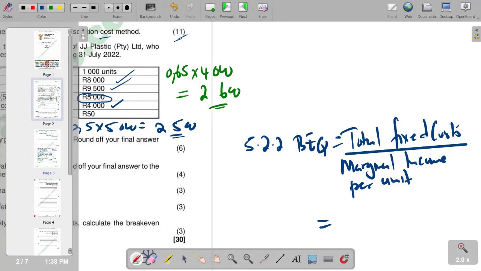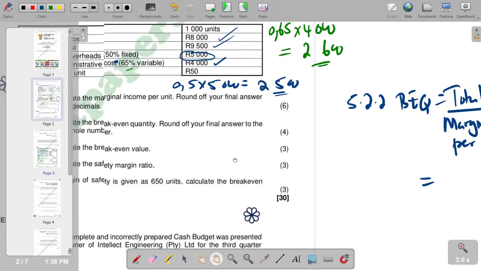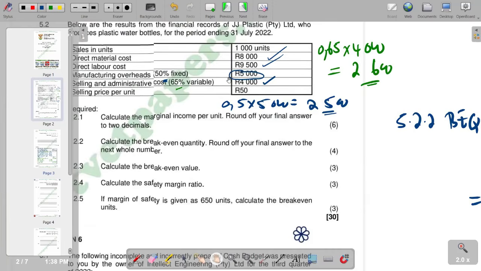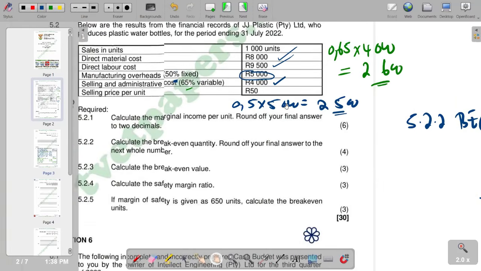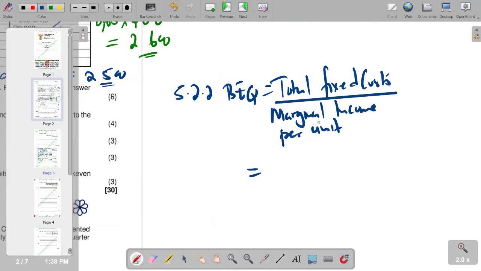So total fixed cost, we check in terms of our question. What do we have in terms of total fixed cost? Remember, on the first part, we got 2,500, which is the same fixed and variable for manufacturing overhead, since it's 50-50.